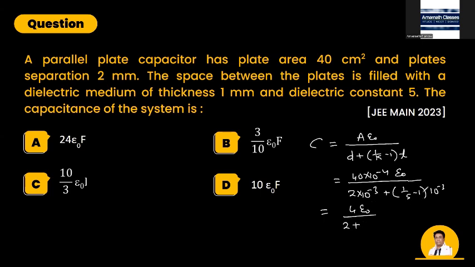2 plus, and this is 1 by 5 minus 1, so it means minus 4 by 5.